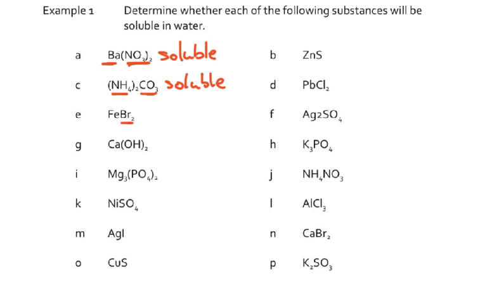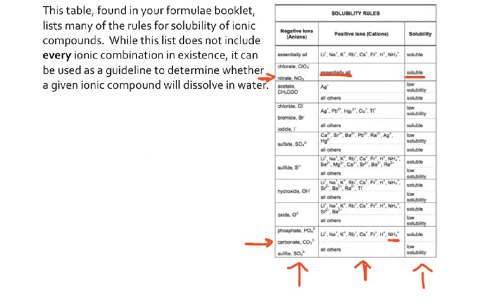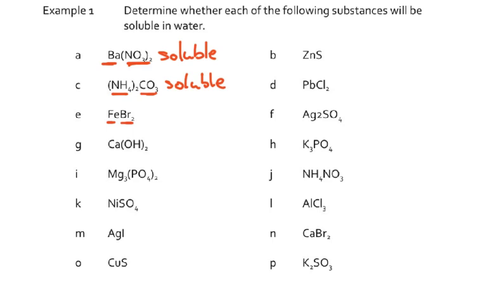FeBr2, we look up bromide first, then match it up with iron. Bromide appears there. Looking at the list, iron does not show up in that list at all, so we're dealing with all others at this point, which would be soluble.